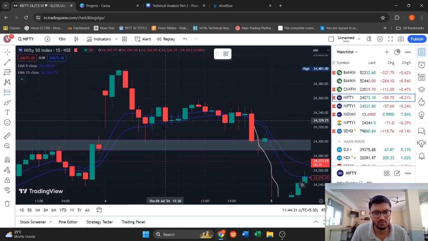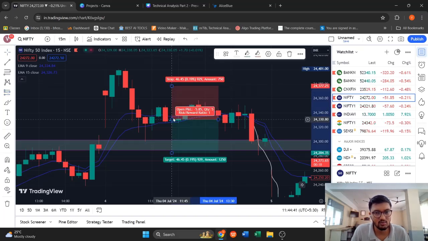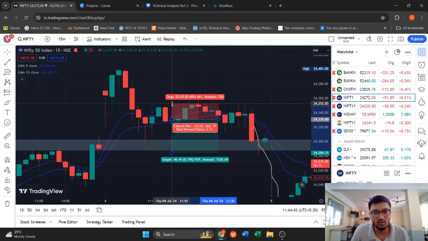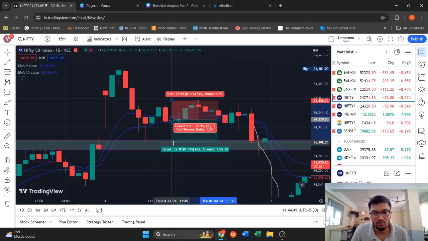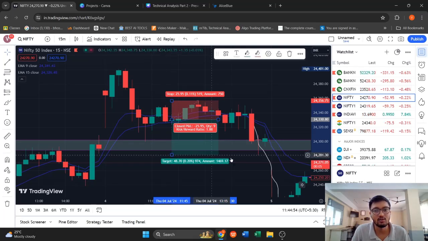I'll go for a short position, and I would have taken the trade somewhere around the closing price of this particular candle. Honestly, I would have taken the high price, but we'll assume the closing, and then with a stop loss of 35 points, we would have made this trade at about 2:1, so a 50 point target.